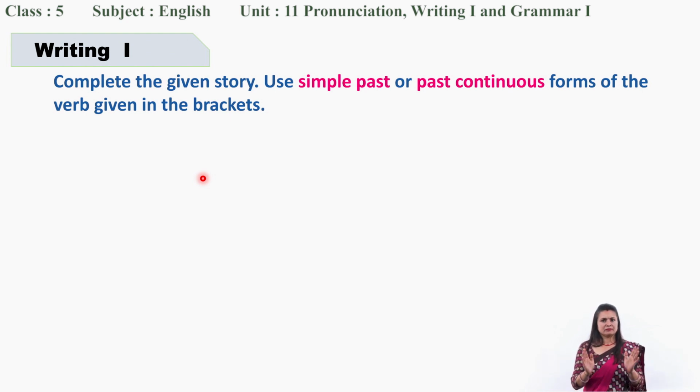But before that, I am giving you another passage, another set of events, and you have to complete that with simple past or past continuous, that we have just done in the grammar.